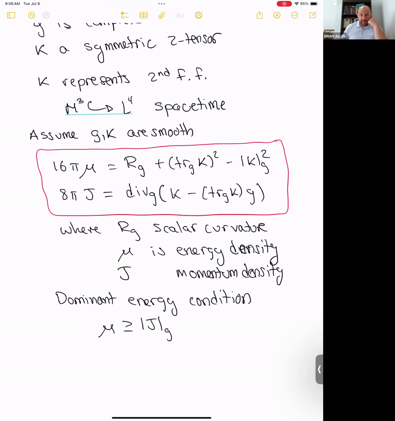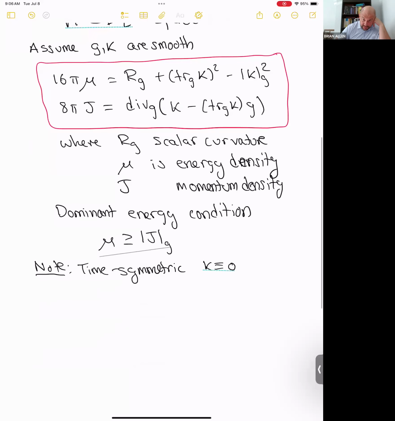Just to keep in mind, in the time symmetric case, which for us just means that K is identically equal to 0, so you have trivial second fundamental form data, then by that second equation J must be identically equal to 0, and mu is just equal to R_g.